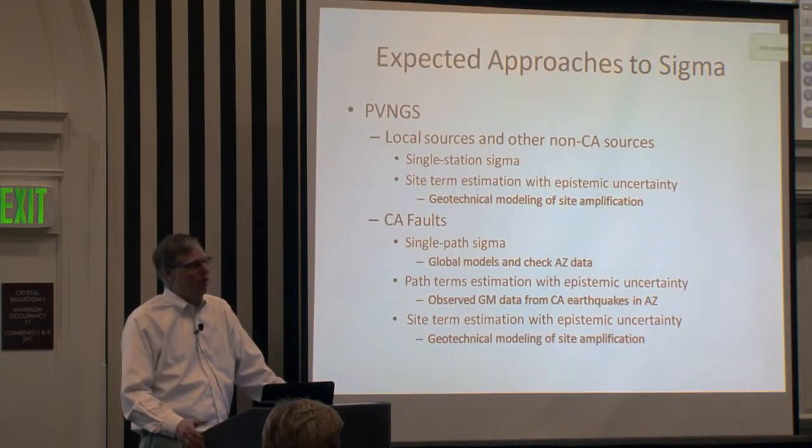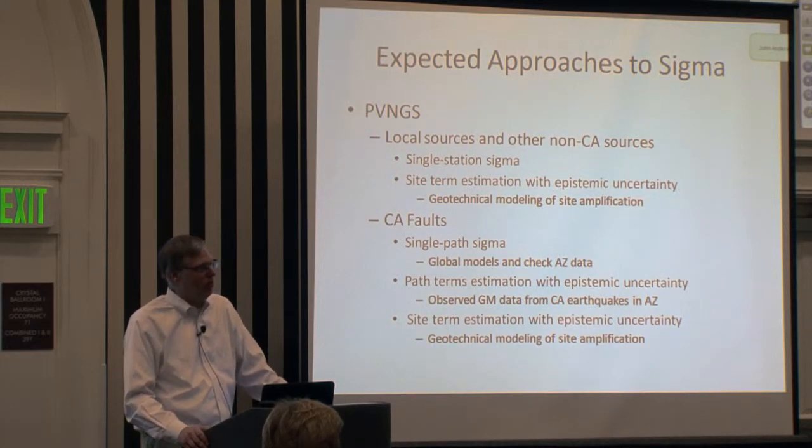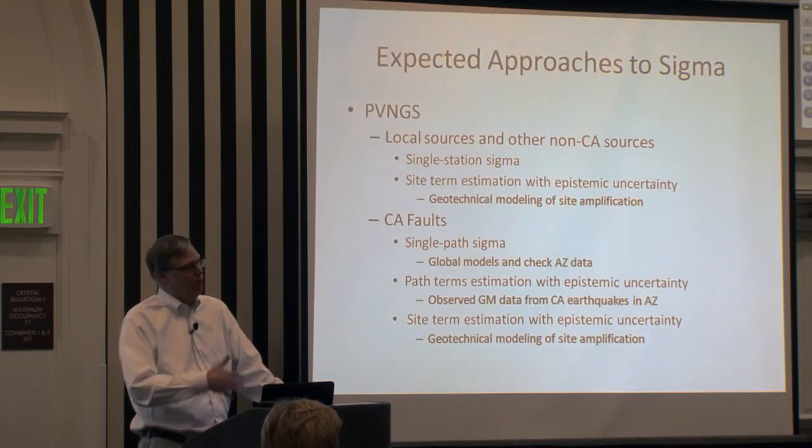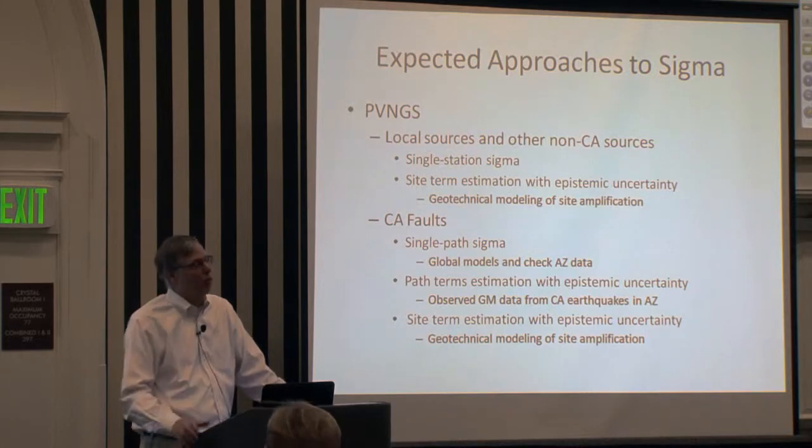Our ground motion model for Palo Verde has to work close in as well, whether they've identified faults or not, at short distances. So anything we're doing on the standard deviation that applies at short distances, we would use at both sites.